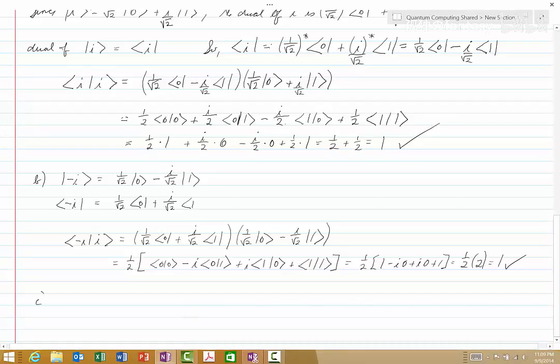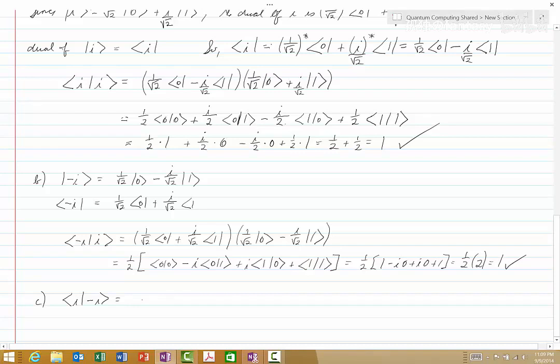And now finally, we want to check the inner product of i with minus i. And we have already found that the first of these, the dual of i, which is, you can see here, is pre-multiplying minus i.